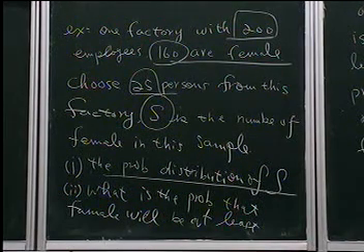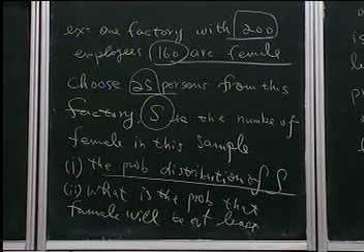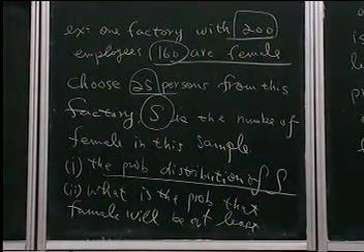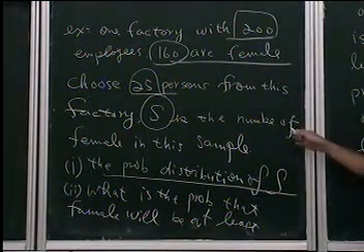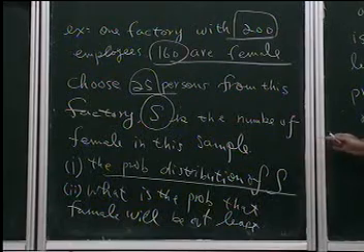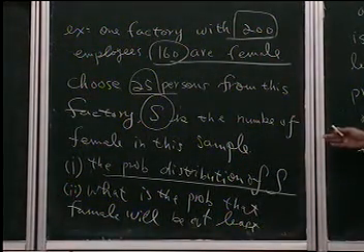How many people do we choose from this sample? We choose 25, right? And of course, this is either or. Either this person is a male or this person is a female. What's the probability that this person is going to be a female?